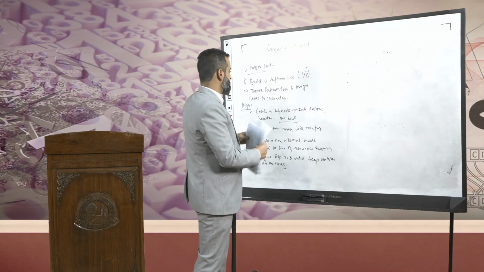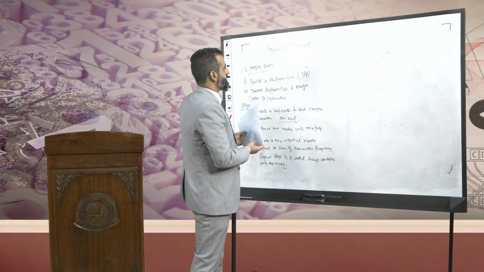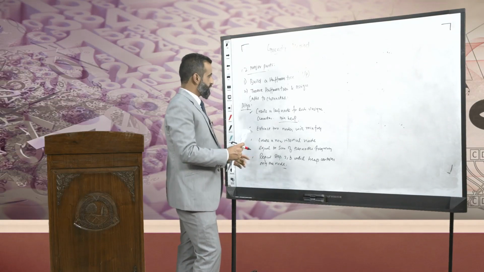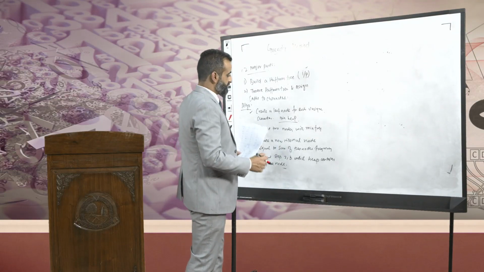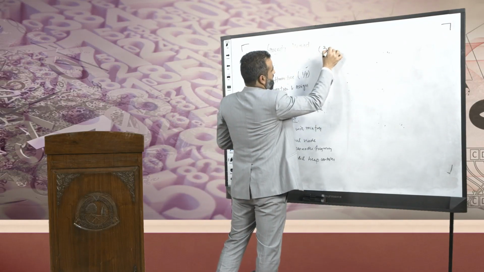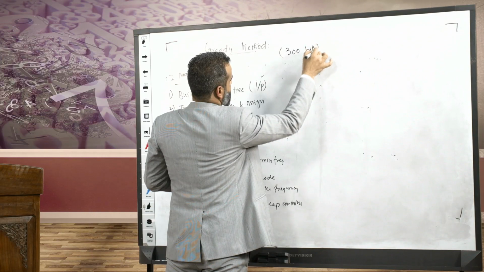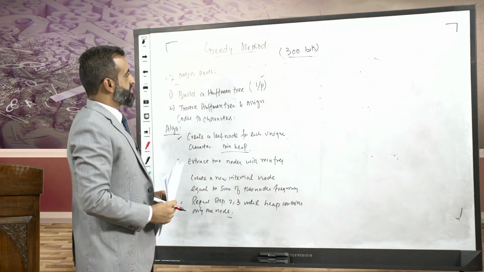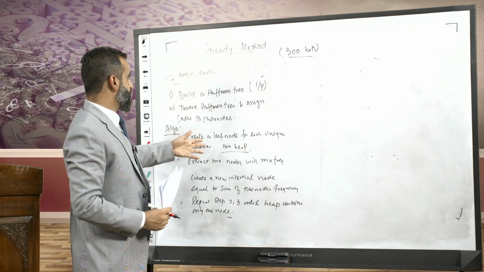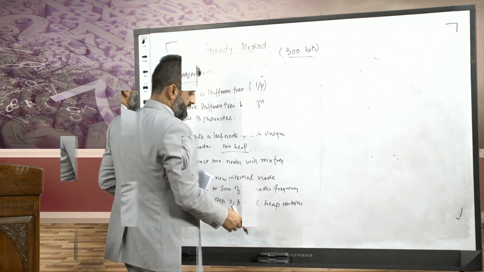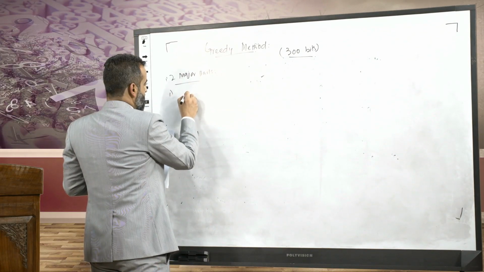Let's try the same example that we tried earlier and solve it this time using Huffman code. Remember, in the previous example, we needed 300 bits. Let's see if we can reduce this number of bits using Huffman code. So let this be my heap.